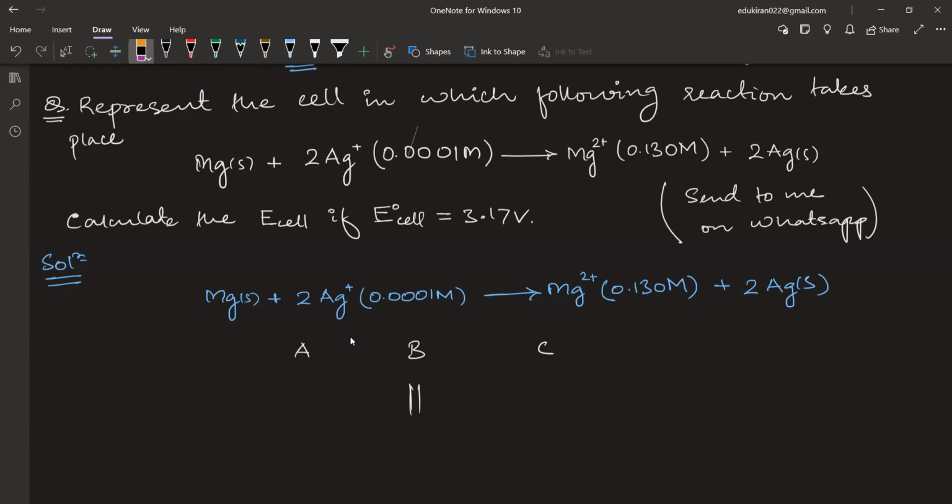So ECL at 25 degrees Celsius only, right? Yes, correct. If they have not given anything, then 25 degrees Celsius.